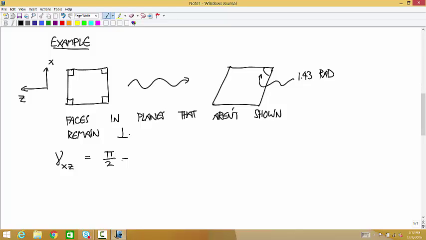So in this case, it's not going to be that 1.43 because that's the angle between the positive x face and the negative z face. So yeah, it's going to be pi minus 1.43. So this is the angle we want. So that's the angle theta xz.